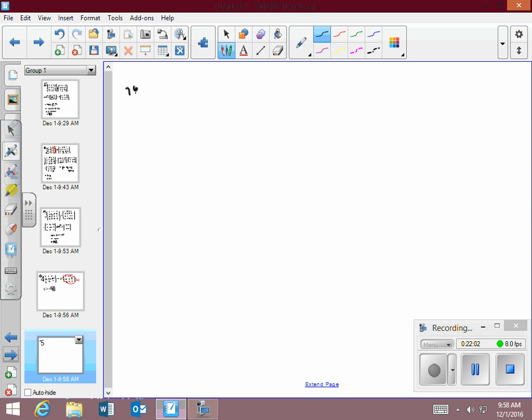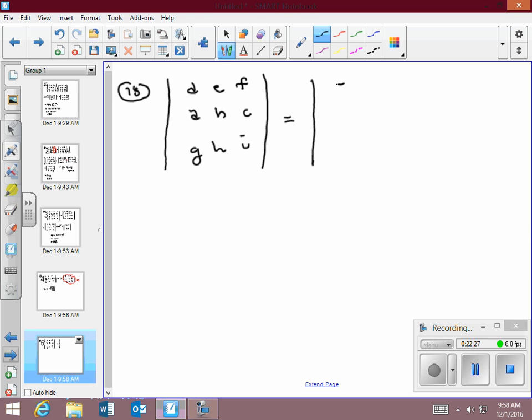18. D, E, F, A, B, C, and G, H, I. Now if we interchange row 1 and 2, A, B, C, D, E, F, G, H, I. And if you look at theorem 3, theorem 3B says that when you do that, you have to put a minus in front.